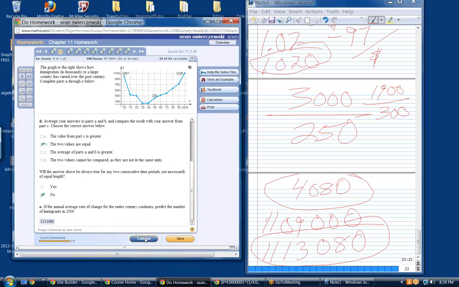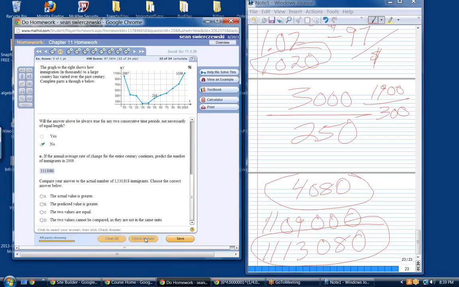One more continue? I don't think so, right? Oh, yeah, there is. Compare your answer to the actual number. Choose the correct answer below. That's a weird question. The actual answer is greater than our answer just by comparing the first 3 digits.